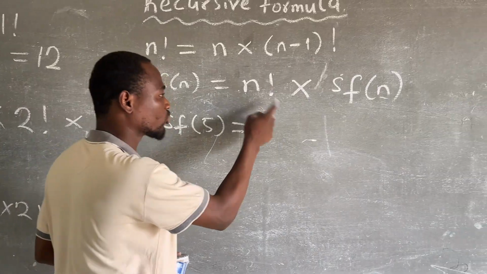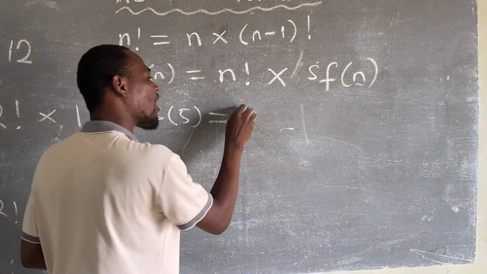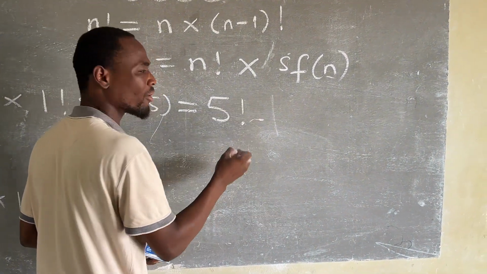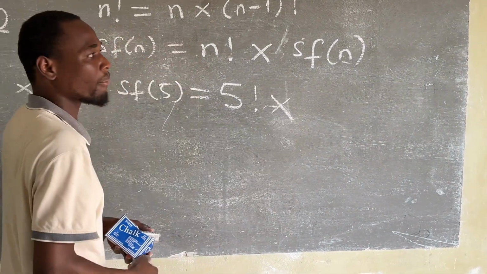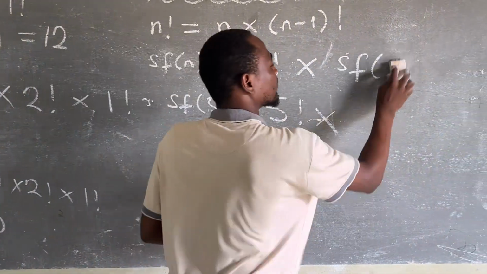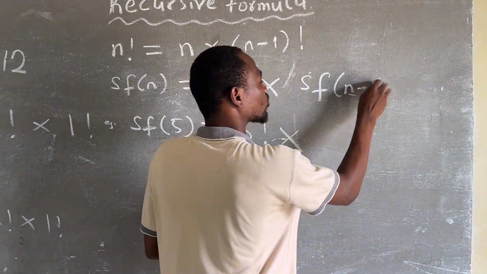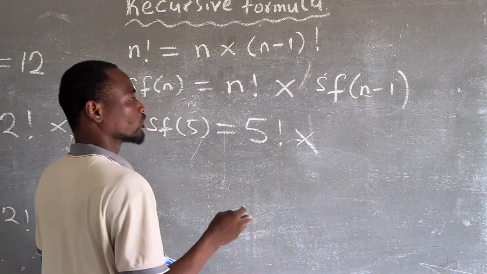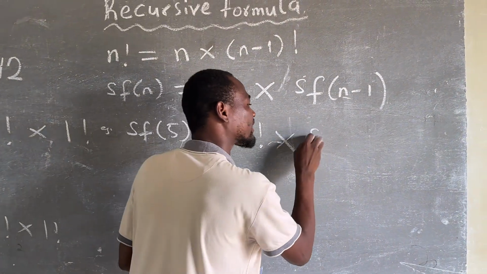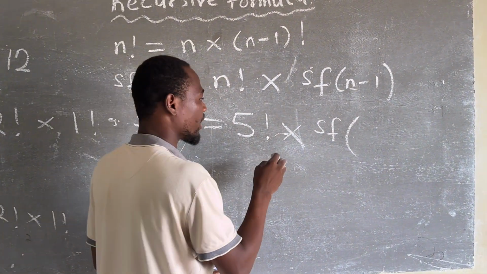n factorial. So what is my n? My n is the number 5. So I have 5 factorial, then times, remember viewers, this is n minus 1, so n minus 1 and we have SF.